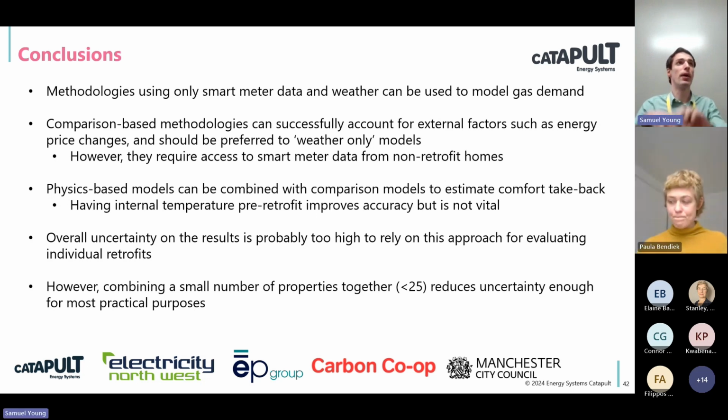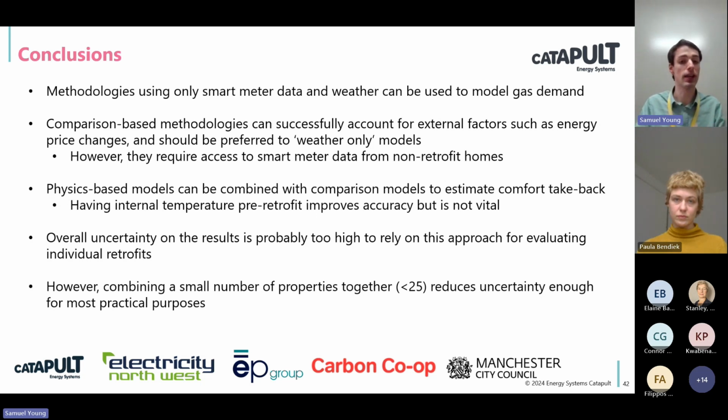But the big challenge with all of these results is that the uncertainty is relatively high if you're looking at a single home. And so using it for communicating with specific householders, this is how much you have saved, or quality assuring the work on an individual home will be quite a challenge. But you don't need a huge number of properties for the models to be giving you uncertainties that are pretty small.